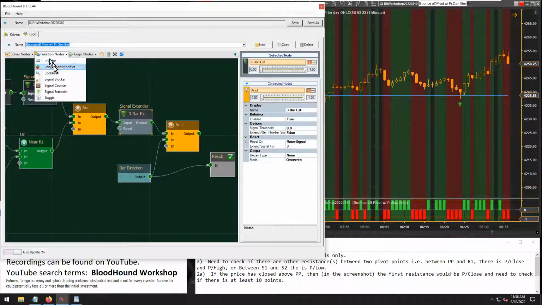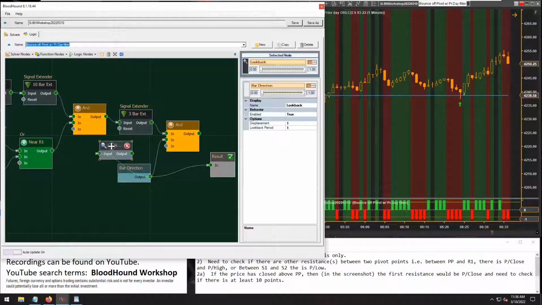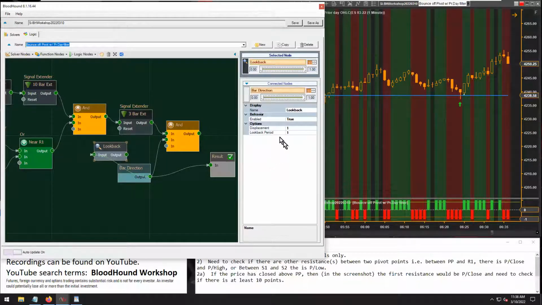So we're going to grab a lookback node and feed the bar direction into the lookback node. In the lookback node, we're using the displacement function. Think of displacement as adding a delay.